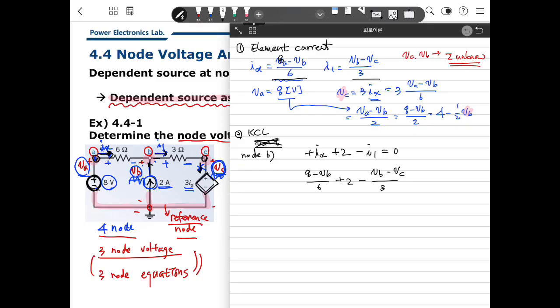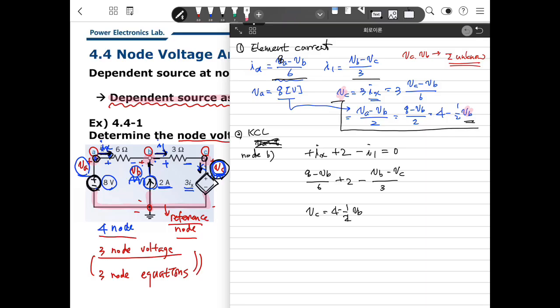Instead, we know the equation of VC related to the other variables like VB. So we have two unknown variables, and we have another equation here. What is that? VC is 4 minus half VB.